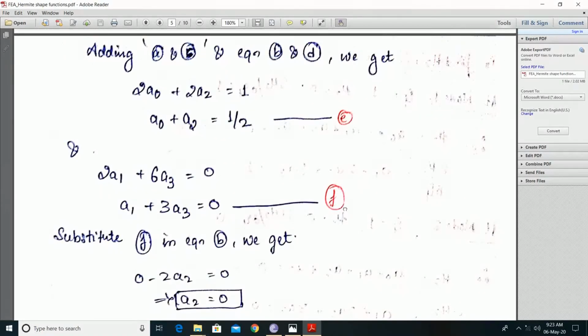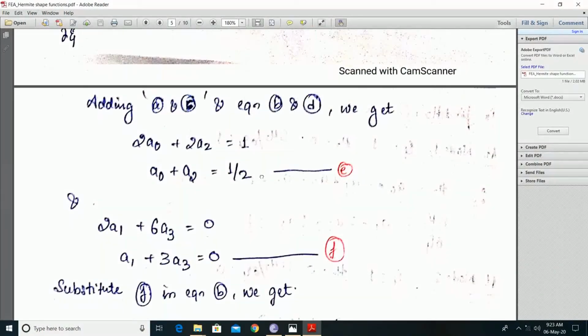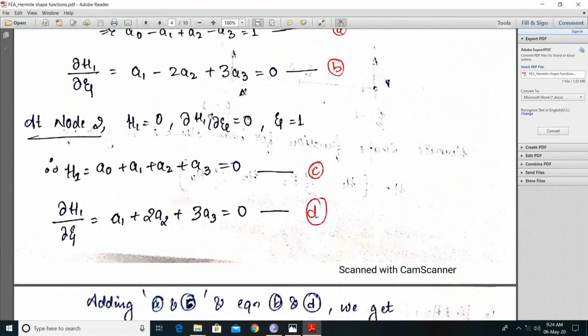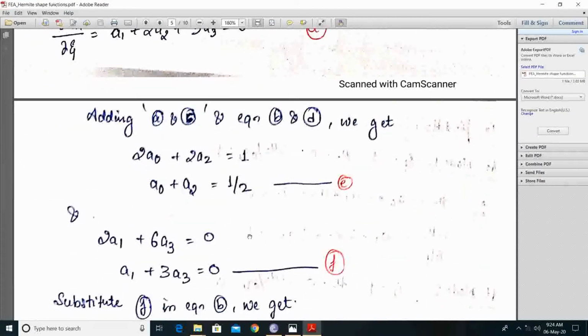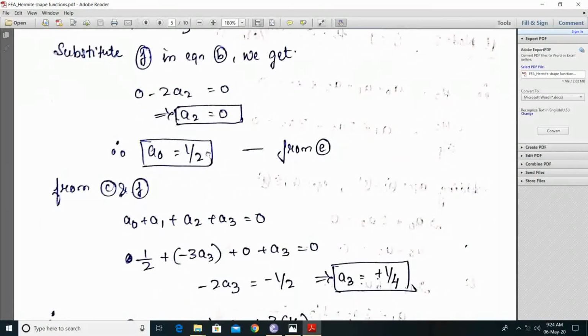Now when you substitute equation F in equation B, in this expression, that is a1 plus 3a3, we know from here it is 0. When you substitute that, you will be getting minus 2a2 equal to 0, which implies a2 equal to 0. And when you substitute a2 equal to 0 here, over here, you will get a0 as 1 by 2. Now we will be finding the values of a1 and a3.